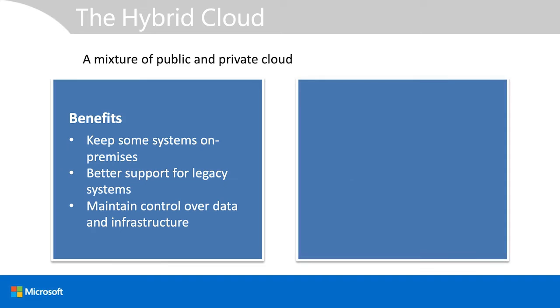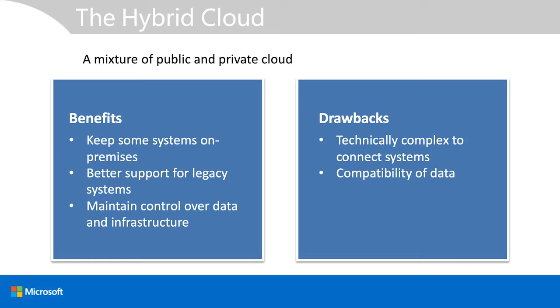There are some drawbacks to using a hybrid cloud. Systems that you host on premises will need to connect to cloud resources and vice versa. And configuring that connectivity can be a technically complex thing to do, and it can be hard to troubleshoot when things don't work right.